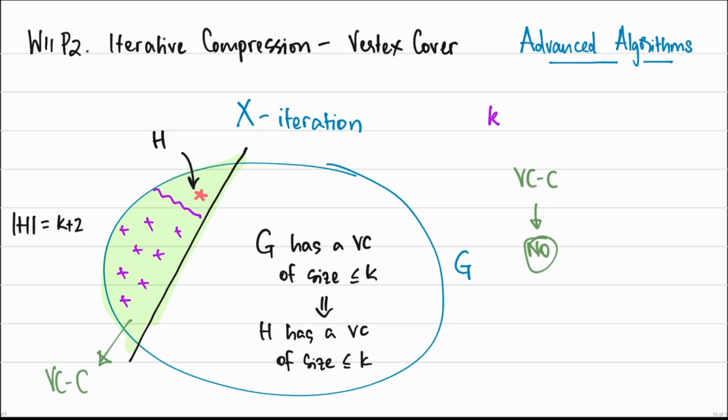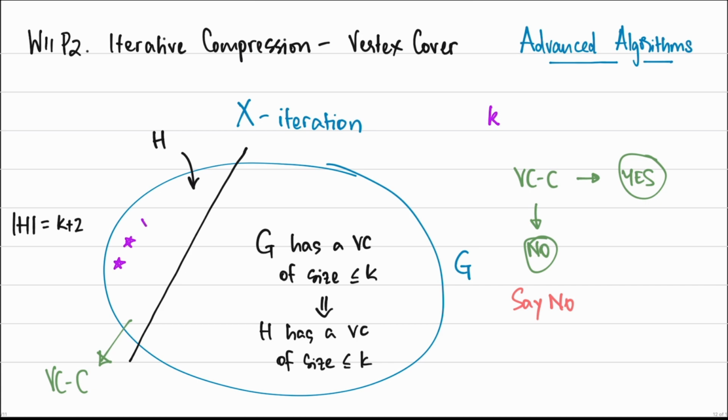So if the compression routine says no, we can also say no, and we have totally resolved the instance at this point, right? But if the vertex cover compression algorithm comes back and says, yes, here is a vertex cover of size at most k, what do we do then? Well, in that case, let's actually look at the solution that the vertex cover compression algorithm came up with.